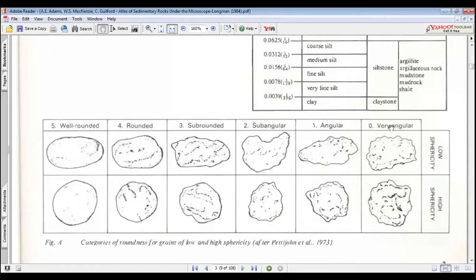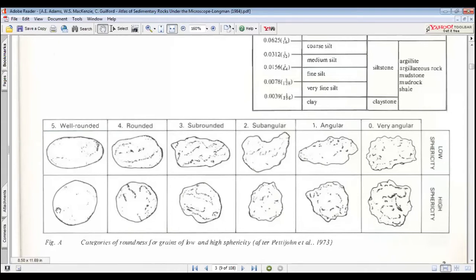Here we have different categories of angularity, and as you see, we have very angular, angular, subangular, subrounded, rounded, and well-rounded. You can see a clear distinction between the very angular and well-rounded, and similarly with the high sphericity.